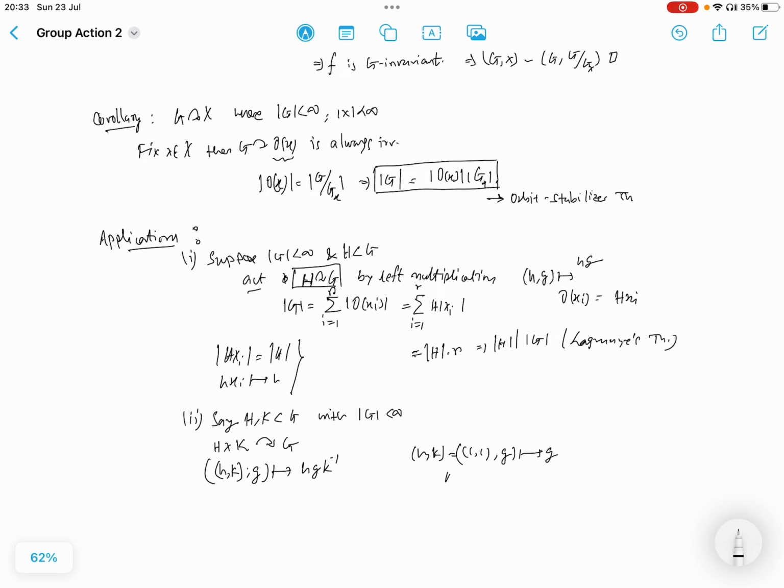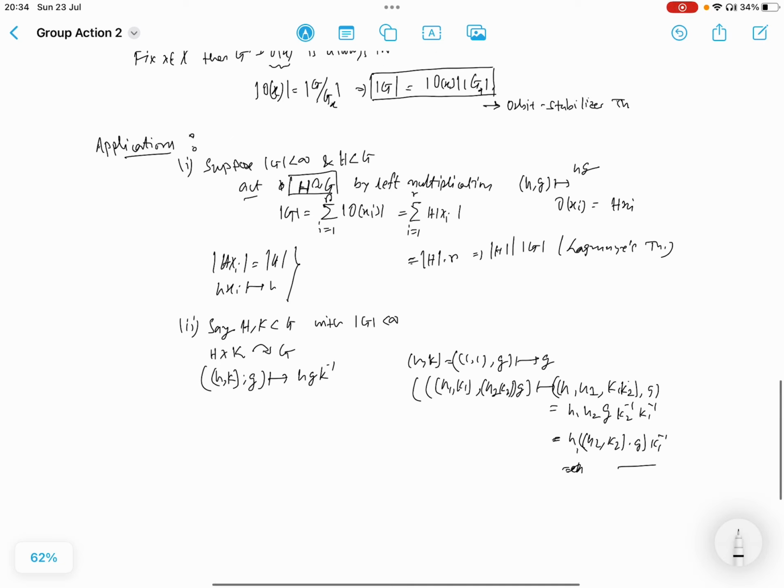And (h1, k1)(h2, k2) on g: first act according to the group law, that is (h1 h2, k1 k2), then acting on g, this is h1 h2 g k2 inverse and then k1 inverse. And again that is the same as h1, first you act (h2, k2) on g, then k1 inverse, but that is again the same. I'm not writing it out. This is just a group action, it's verified. And so you have the orbit stabilizer formula, right?